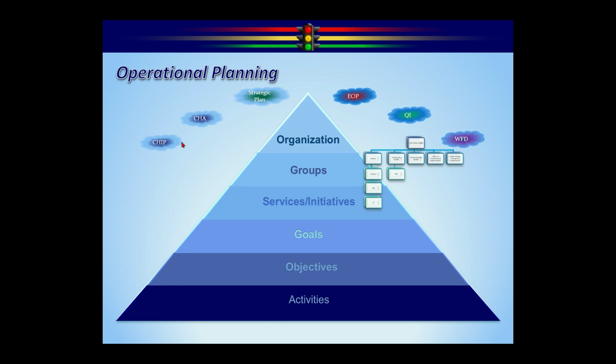So I'm going to show you some different examples of plans that we've got and discuss what makes sense and what doesn't make sense in these plans. Somebody is going to hand you a plan at some point and say, put this in the system, and it may have different nomenclature. You'll be able to say, oh yeah, I remember that this is equivalent to a service or initiative in the dashboard. So let's go through some of those.